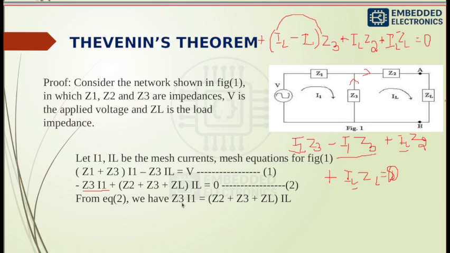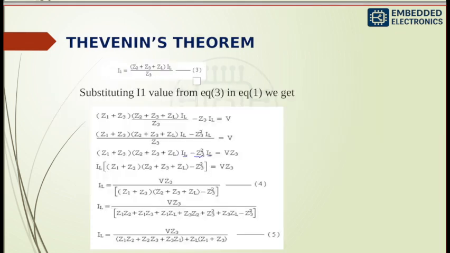Now moving ZL to the right side, we get IL equals I1 Z3 divided by (Z2 plus Z3 plus ZL). Written this way, we get the value of I1 as I1 equals (Z3 plus Z2 plus ZL) divided by Z3, times IL. The same thing I have written here.